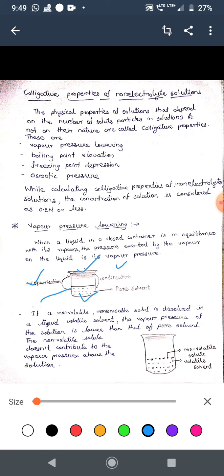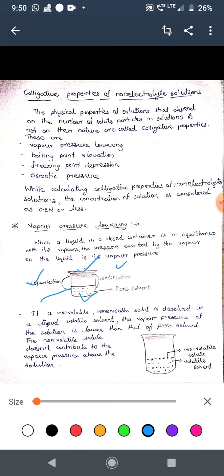So at equilibrium, what is vapor pressure? When a liquid in a closed container is in equilibrium with its vapor, the pressure exerted by the vapor on the liquid is called its vapor pressure. So vapor pressure is the pressure applied by the vapors on the liquid surface when equilibrium is achieved.